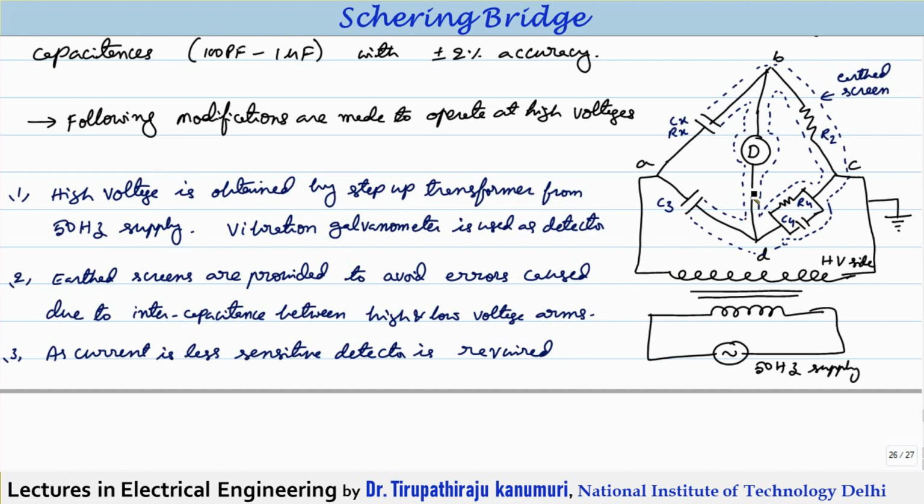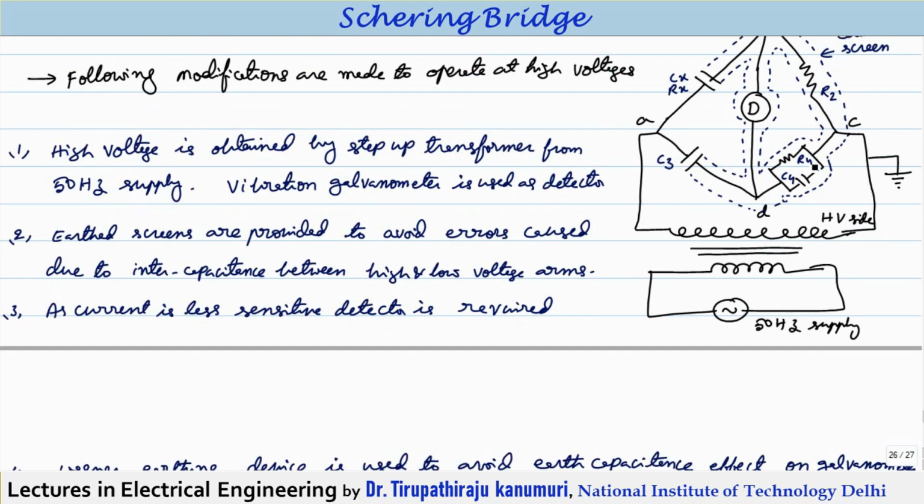In order to avoid this intercapacitance effect, we provide some screens. Earth screens are provided like this. These earth screens are connected to ground, so the intercapacitance effect will not be there.